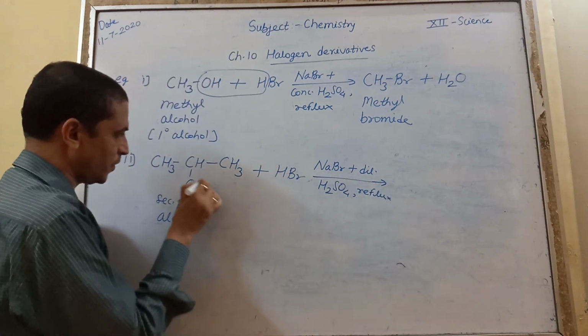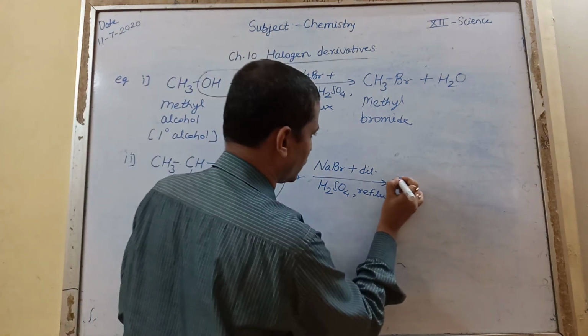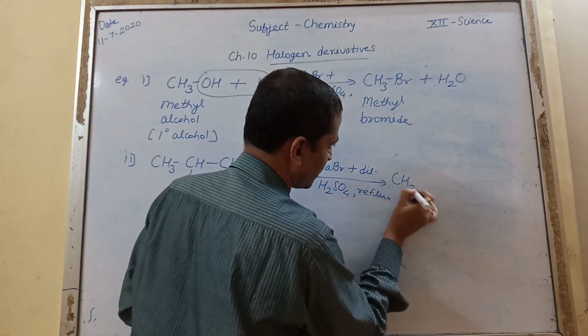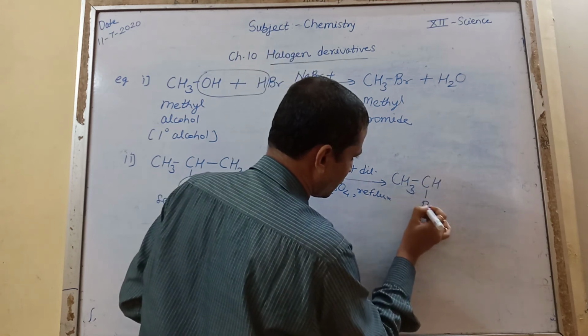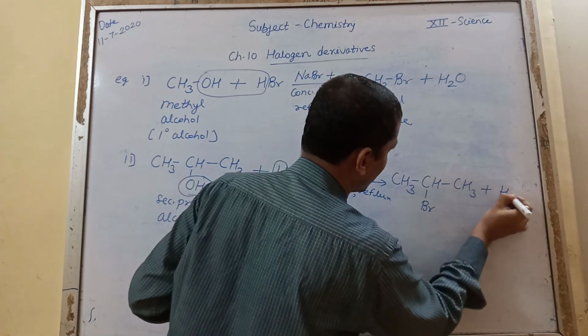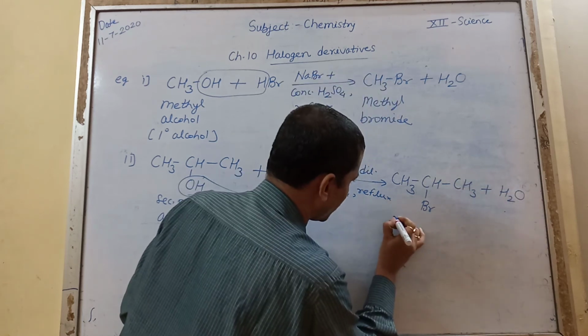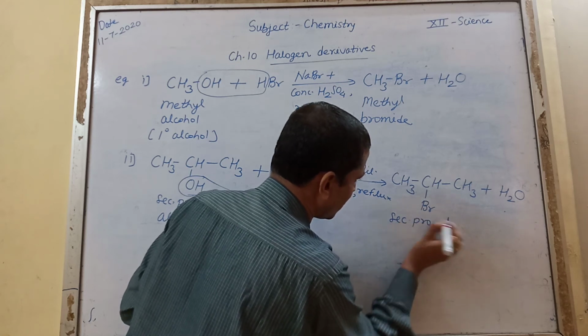Here you get, OH goes to H, so you get water, and CH3CH(Br)CH3 plus H2O. It is secondary propyl bromide.